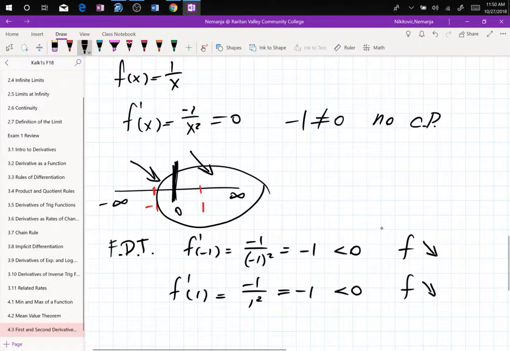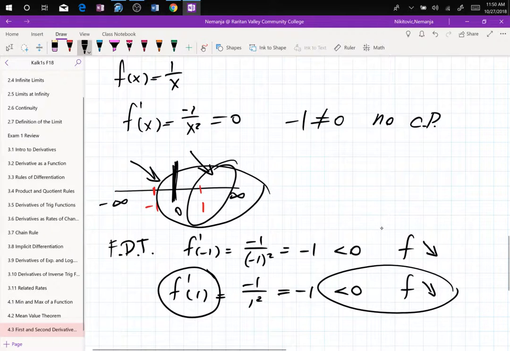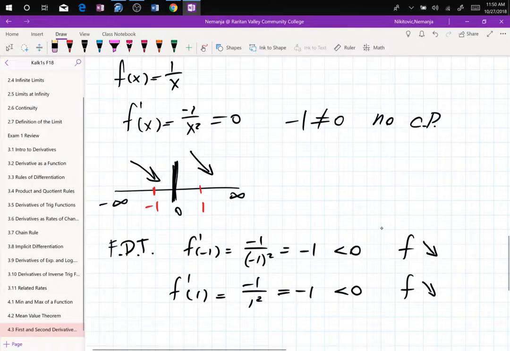And then 0 to infinity is the second region. We pick test point C, we plug it in, we get less than 0, another decrease. On our diagram, we have a decrease followed by a decrease. Well, clearly that cannot be a min or a max.